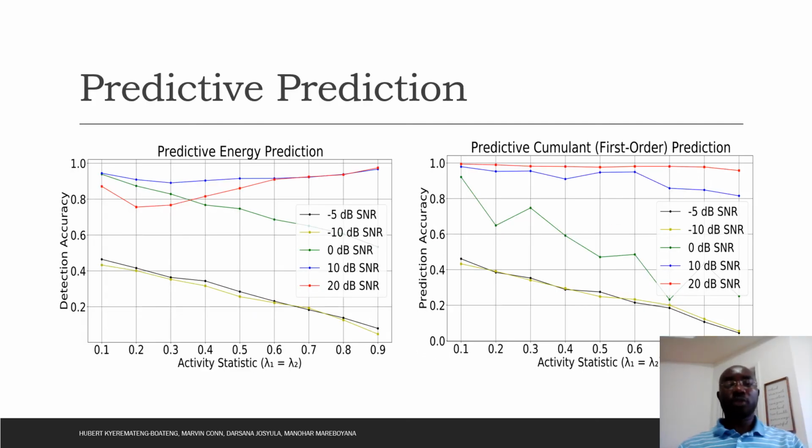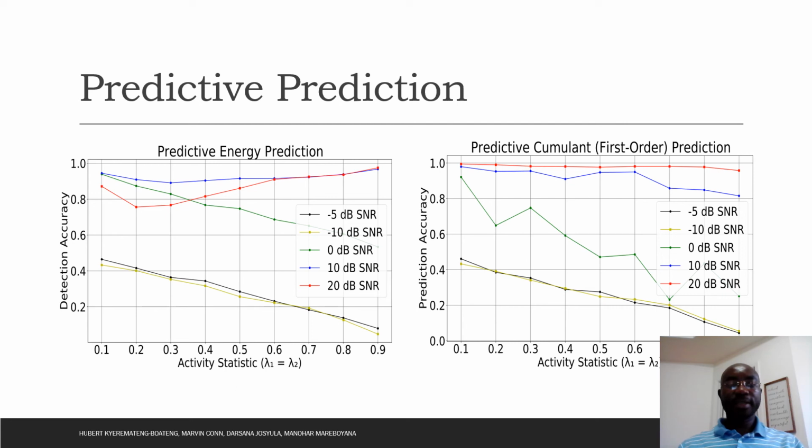Predictive prediction results. Using the SVR model that we trained for energy and cumulant, we were able to get much better results in predicting the state of a signal as compared to conventional detection and also reactive prediction. From these two diagrams, you could see that the accuracy for SNRs 10 and 20 are very high even when the activity statistic increases.